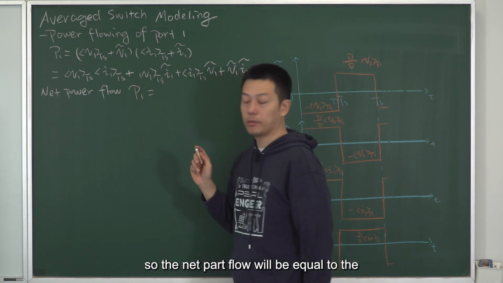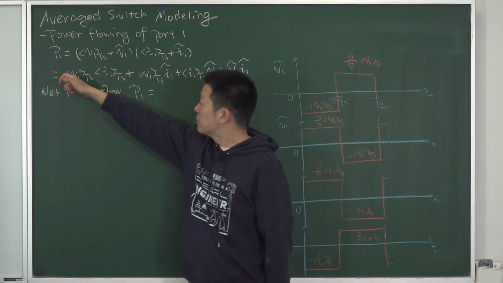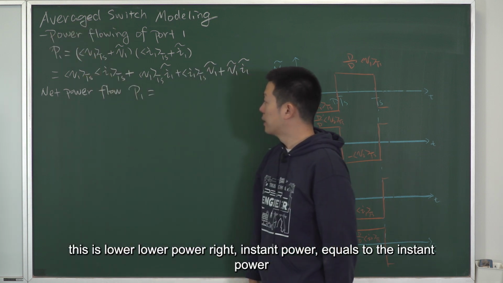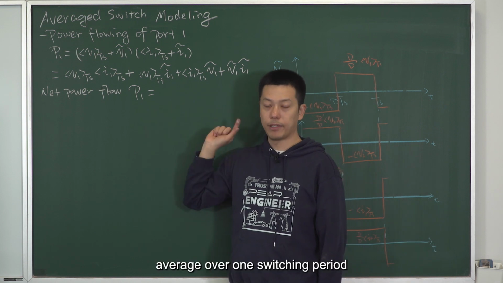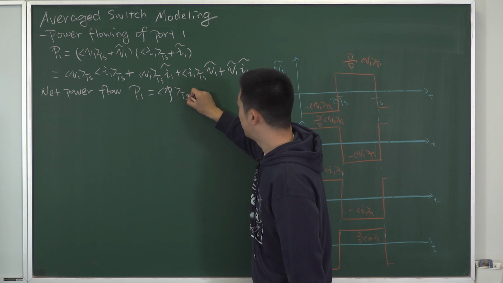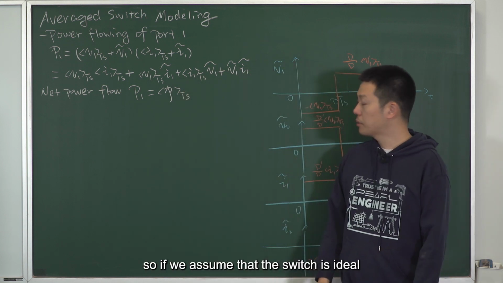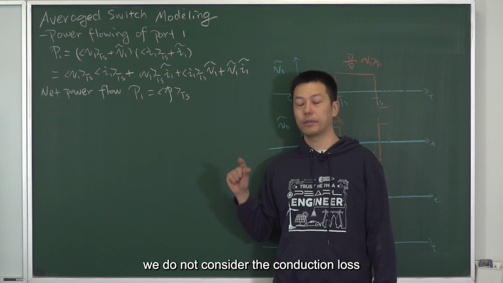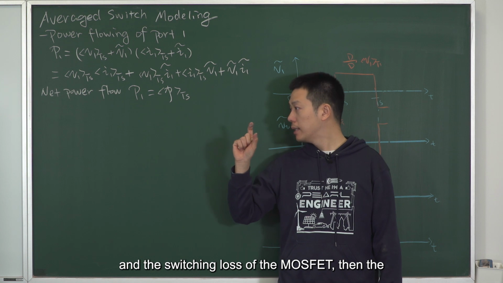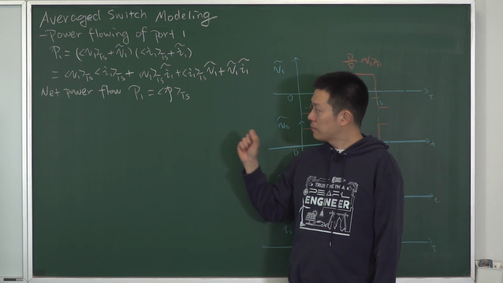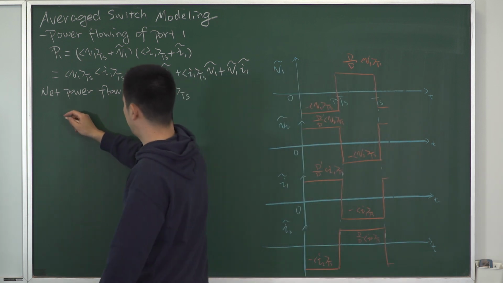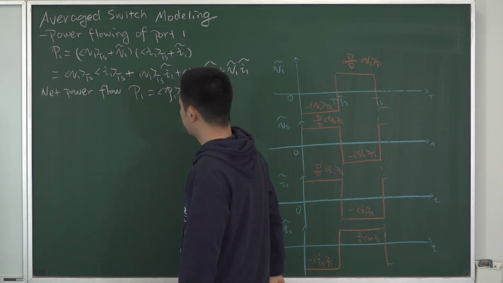So the net power flow will be equal to the instant power average over one switching period. So if we assume that the switch is ideal, we do not consider the conduction loss and the switching loss of the MOSFET, then the net power flow for the MOSFET should be equal to 0. So P1.